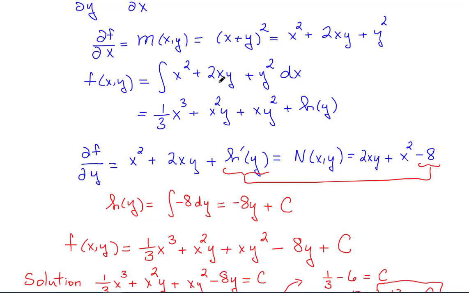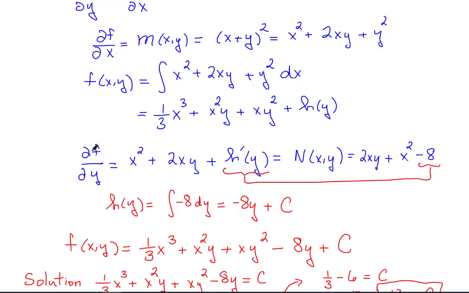Integrate with respect to x, so y just sits there as a constant. The integral of 2x is x squared, and the y squared is a constant, so I pick up x times that constant, plus again potentially a function that only has y's in it.